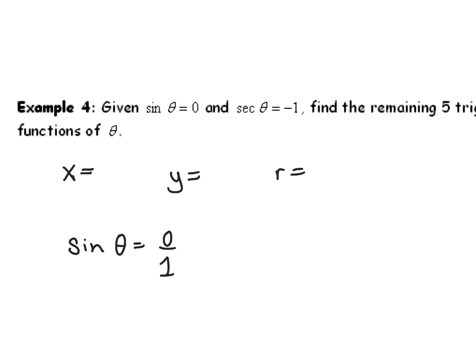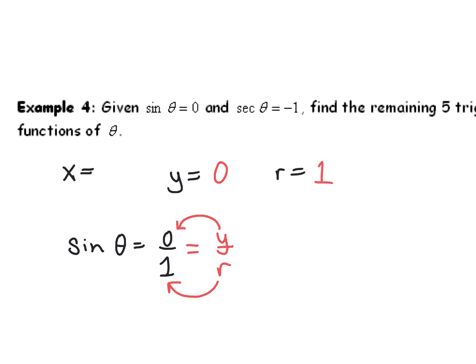So if you remember that the sine is y over r, what they're saying here is that the sine of theta being 0 means that y is 0 and r is 1. So I'm going to put 0 for my y value, and my r value is 1.